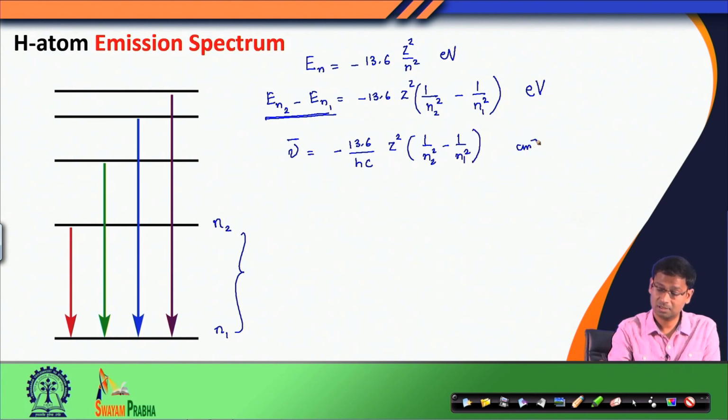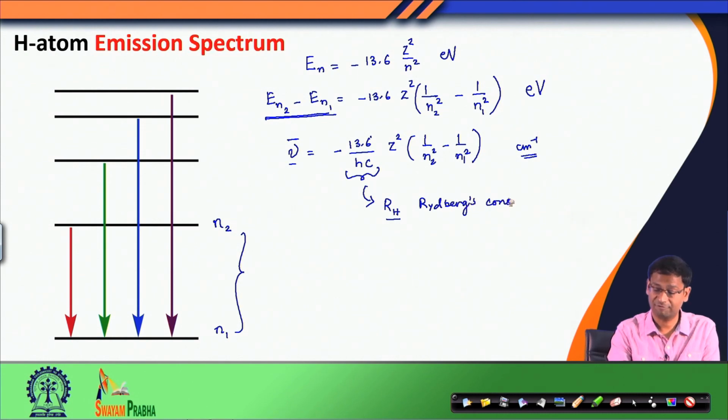And now this is expressed in centimeter inverse, the unit of wave numbers. When you look at this quantity, 13.6 electron volt divided by hc, and do a conversion of unit, you would see that the value is simply the Rydberg constant that you are already familiar with.